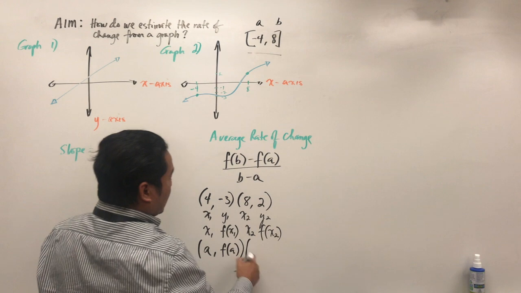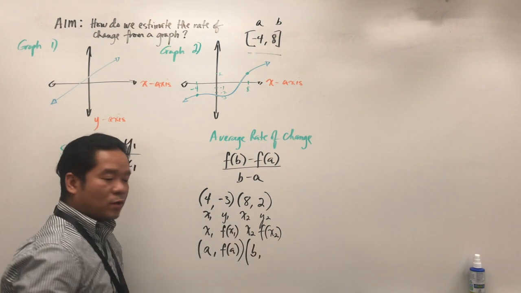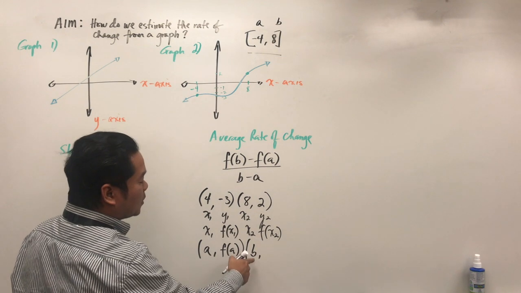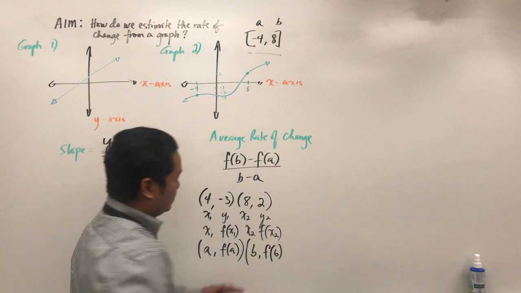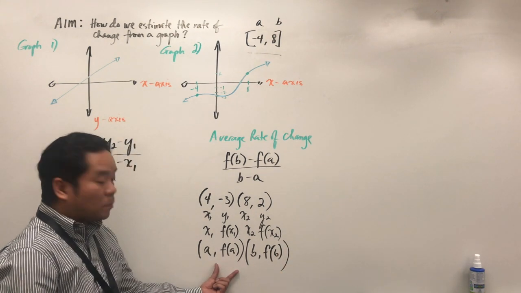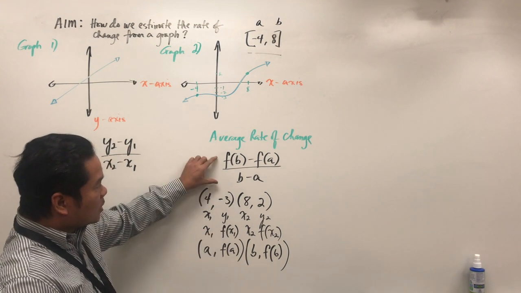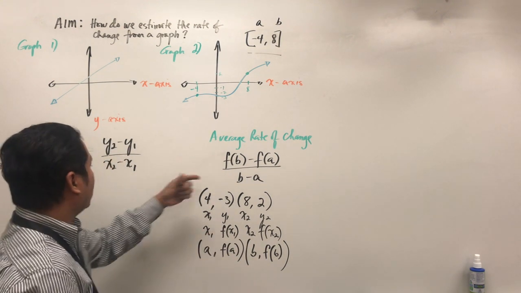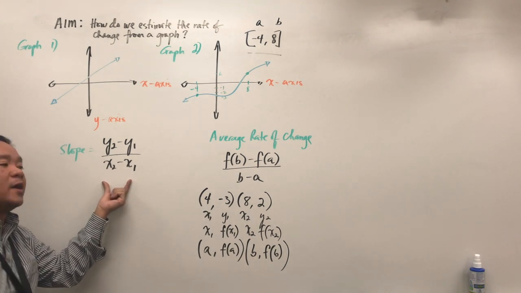And then if this is your b, then the output of b is going to be f of b. Very simple. Now we're going to plug the values into this particular formula, which is very similar to solving for the slope of a line.